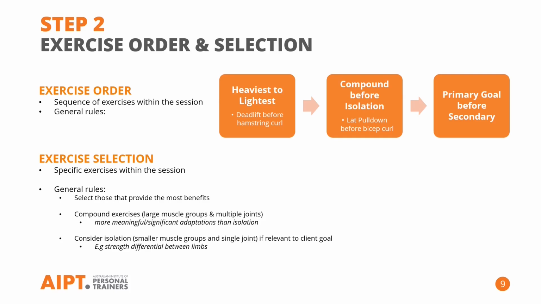The benefits are greater simply because we're using more muscles within that exercise, more moving joints. Generally, it's going to be a heavier movement. So we're providing more of a stimulus to the body to allow it to make those beneficial improvements, whether that's weight loss or strength increase or muscle size increase. Whatever the movement is, the benefits will be more meaningful to the client.